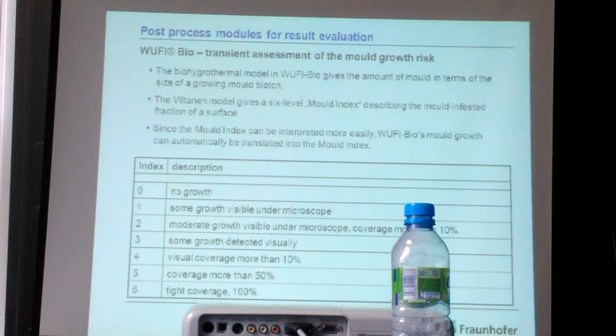If the relative humidity is lower than maybe 80%, as Joseph showed you yesterday, then the model will also show you no mould, because there probably is no mould. If the relative humidity in the gap is 90%, 100%, then the model will show you more mould, and you probably have mould. So I think you can assess your problem with that, but the model is not thought to do that.